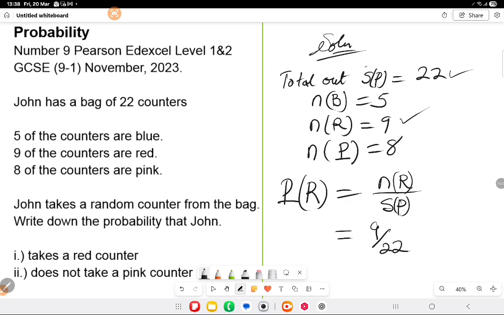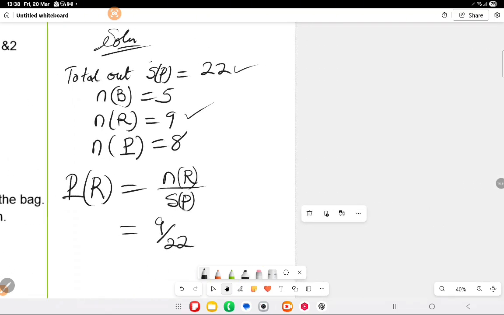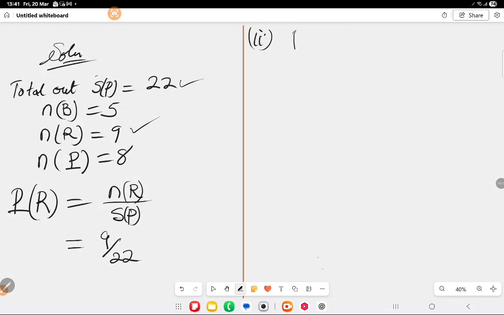Then we move further. We take the second one: write down the probability that John does not take a pink counter. We say the probability of John not taking pink is the probability that John has taken red or blue, which is the probability of red plus the probability of blue.